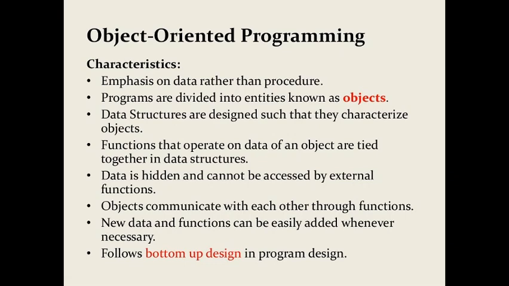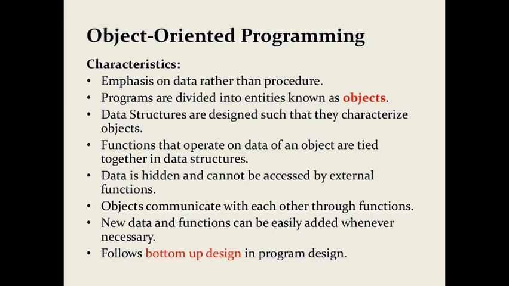Then the next thing: procedure oriented programming language follows the top down approach, whereas object oriented programming language follows the bottom up approach. When I say bottom up approach, it means that we write the main function at the end of the program.